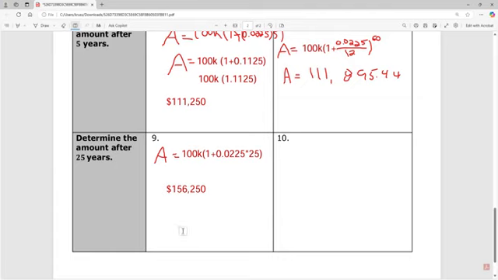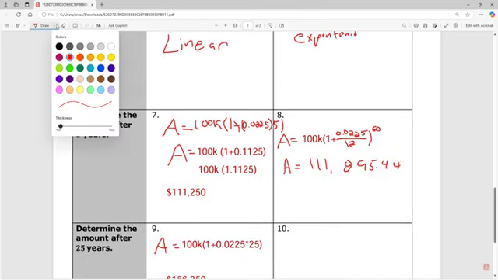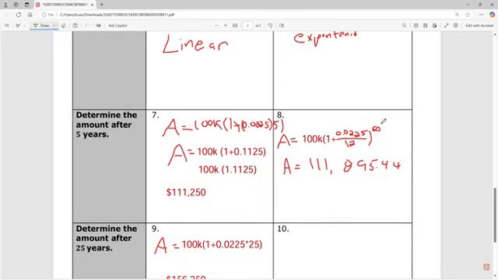All right. So here it's the same thing, but instead of 60 right here, you have to do 25 times 12, which is 300. Right.